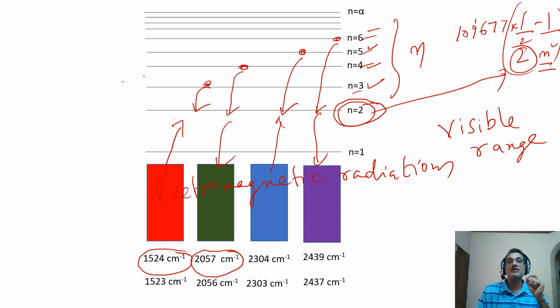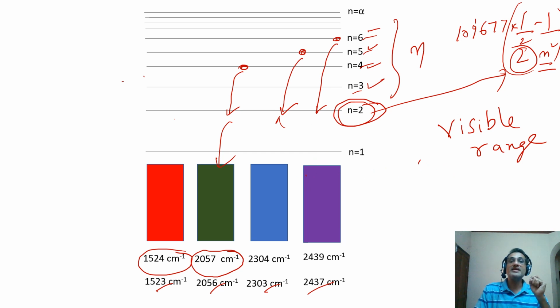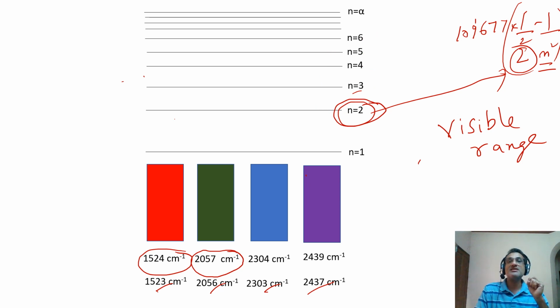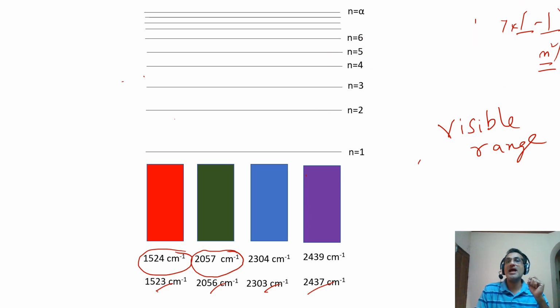Accordingly, he got 1523, 2056, 2303 and 2437. So here lies the beauty of Balmer's equation, and so these visible colors obtained from the emitted radiations of the hydrogen atom were named as the Balmer series.